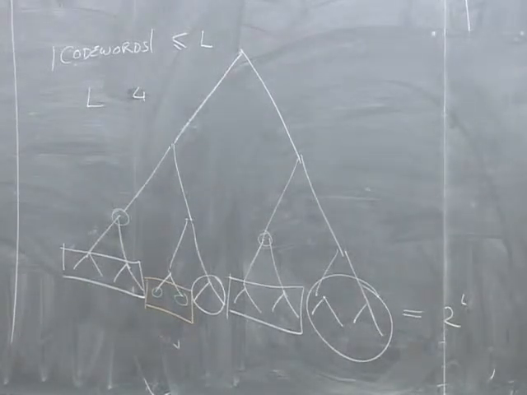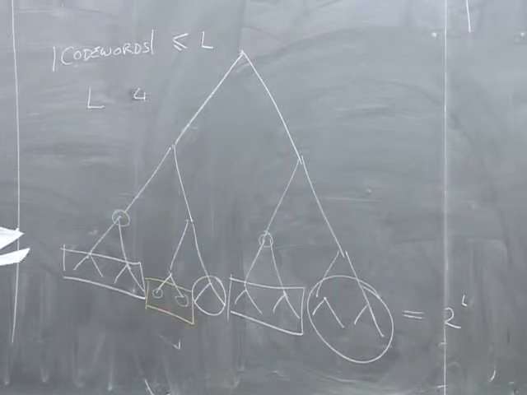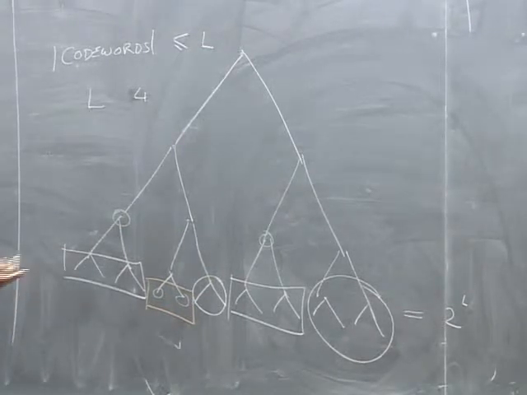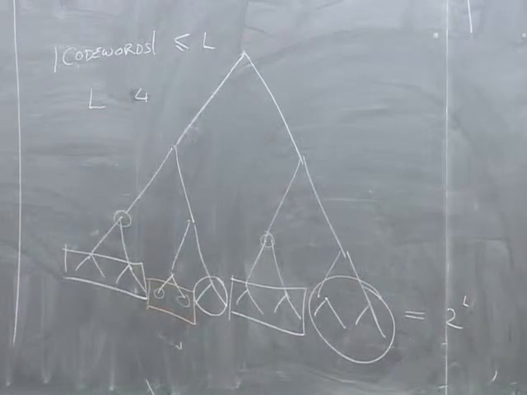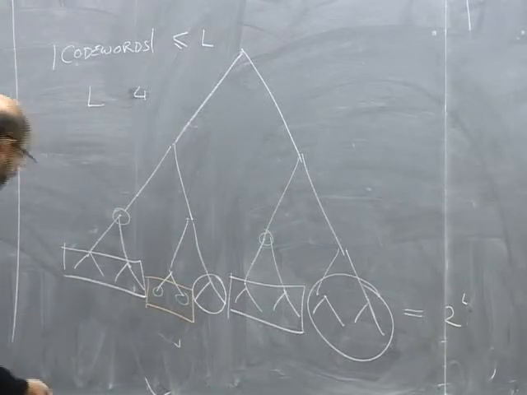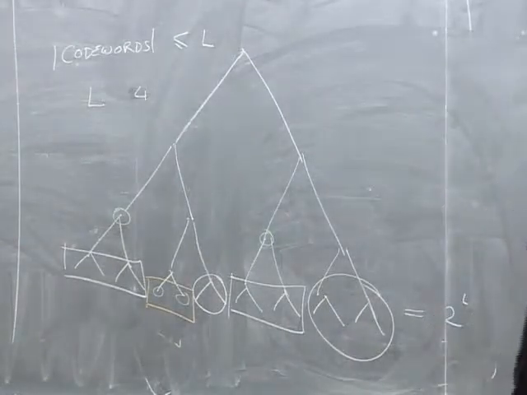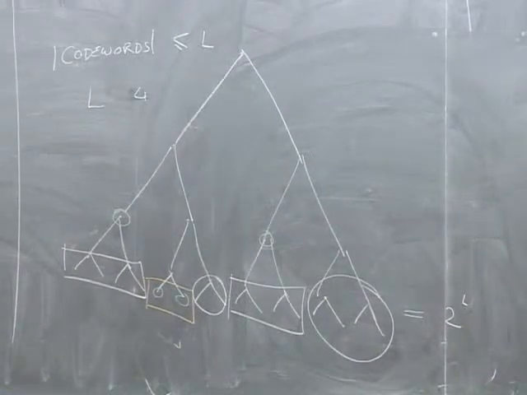We also know these are non-intersecting sets. You can't be both a descendant of a code word and not a descendant of the code word. So we have a very simple counting argument, which allows us to write the following inequality.